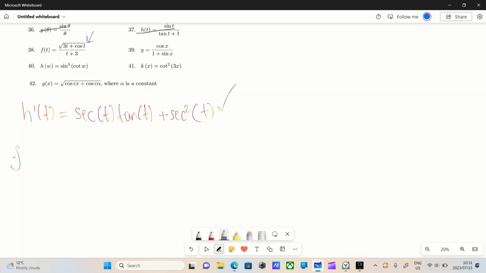So we have f of t is equal to, it would be half minus a half. When you minus a half, you make it into the denominator. So it should be half into the bottom. That would stay the same, into the square root of 3t plus cosine t.